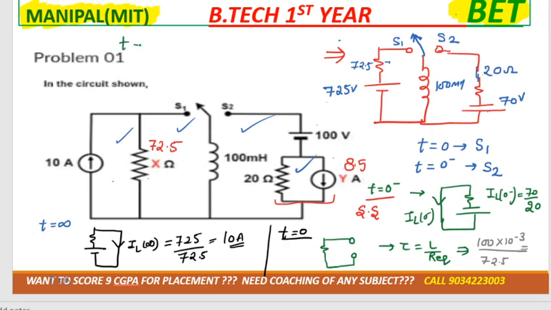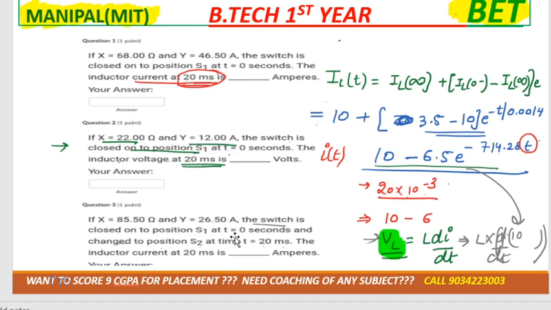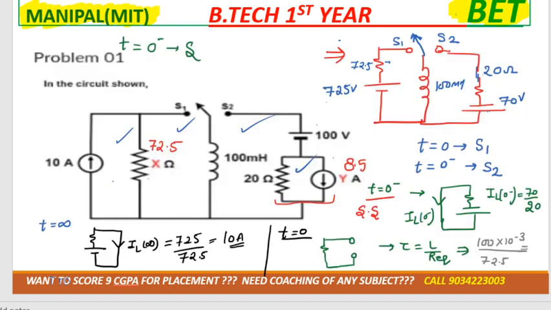So basically we can say at t equal to 0 minus the switch is at S1. Then they said it changes to position S2 at time t equal to 20 millisecond. So from 0 to 20 millisecond, where was it? It was at S1. And after 20 millisecond the switch changes to S2. That is what is happening. Read the statement once carefully.